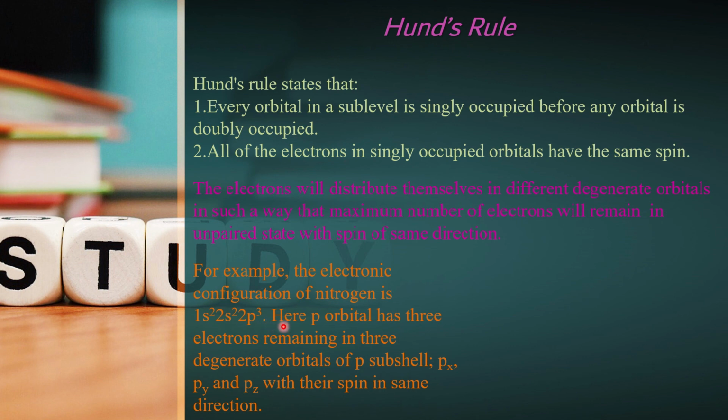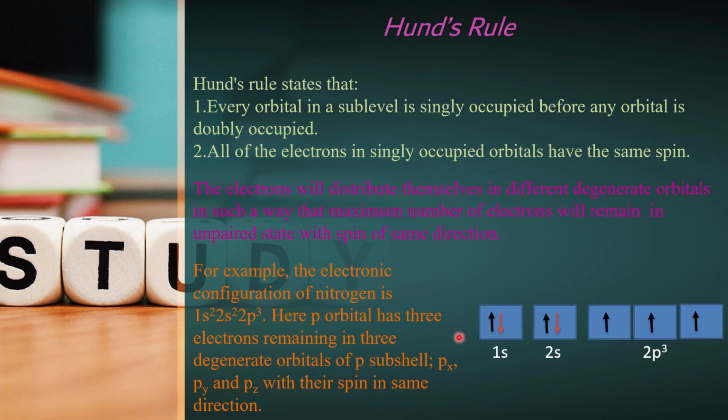Without filling any orbital, without going to every degenerate orbital, an electron will not fill the other orbital. Here, look, 1s2, so 2 electrons in opposite direction, 2s2 also 2 electrons in opposite direction, and 2p3, px, py and pz.